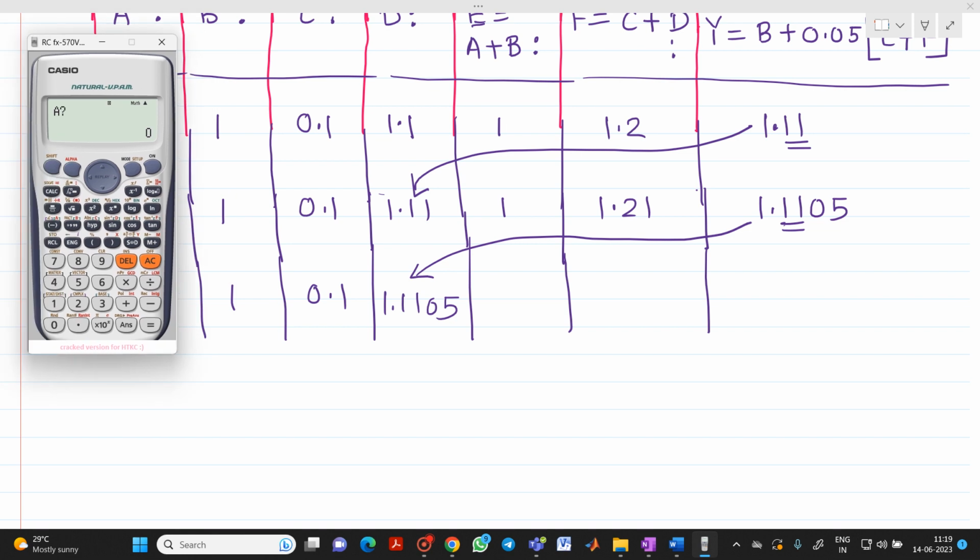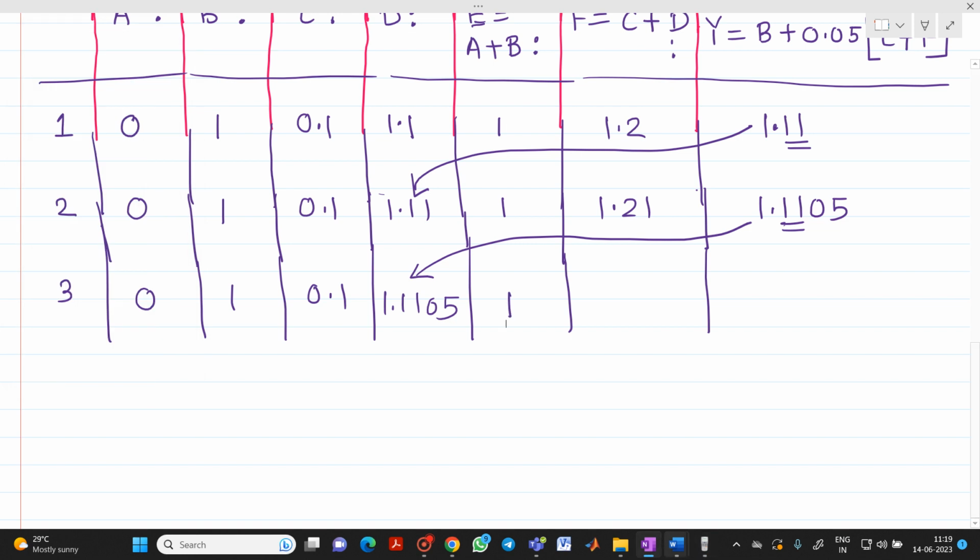It will be equal to A 0, then B is 1, then C is equal to 0.1, and D is equal to 1.1105. So let me check the answers A, B, C, D. So what is E? E was the same, it is not going to change, which is equal to 1.